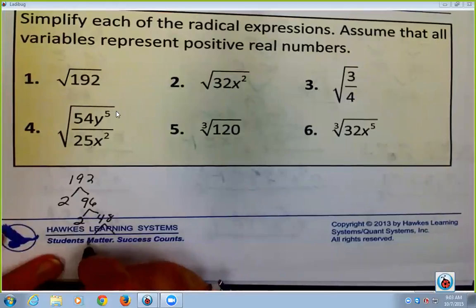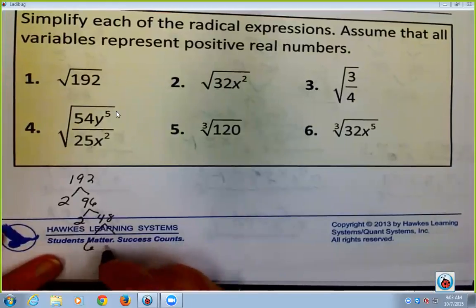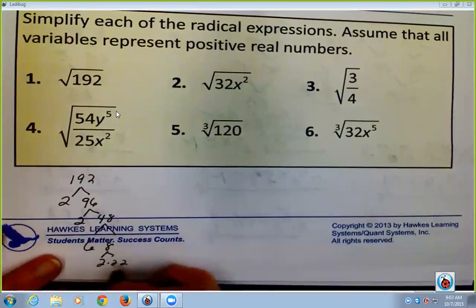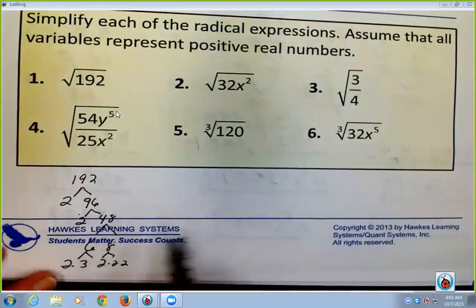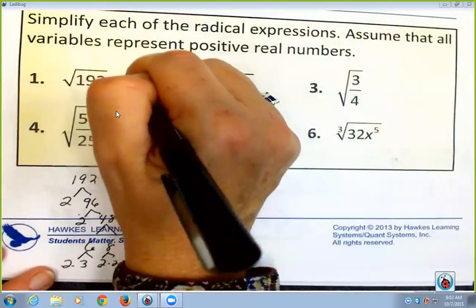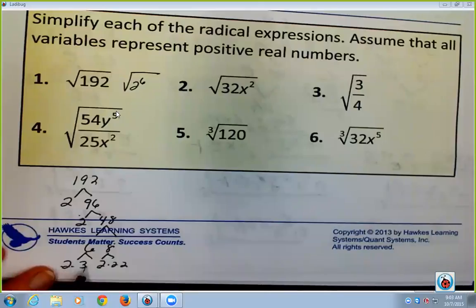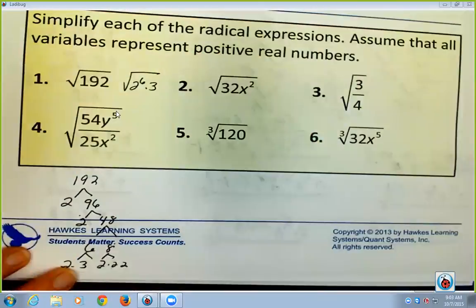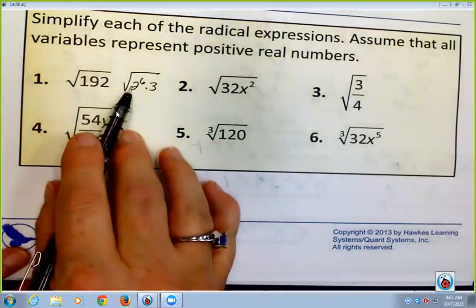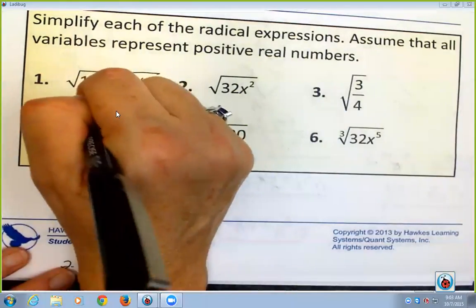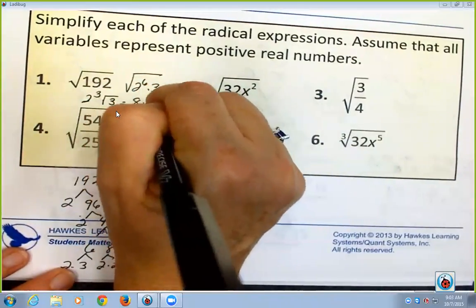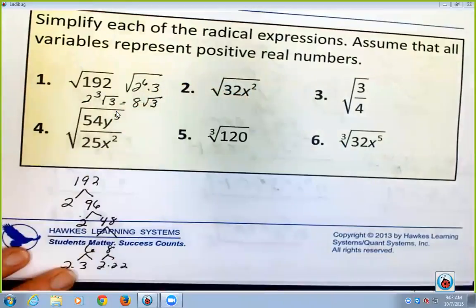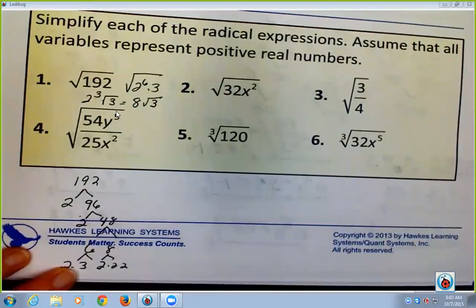It's got lots of pieces to it. So I have 1, 2, 3, 4, 5, 6 twos. And I have 1 single 3. So I can pull out a 2 to the 3rd power, leaving under the radical a 3, or I can pull out 8 and have the square root of 3 that's left under there.